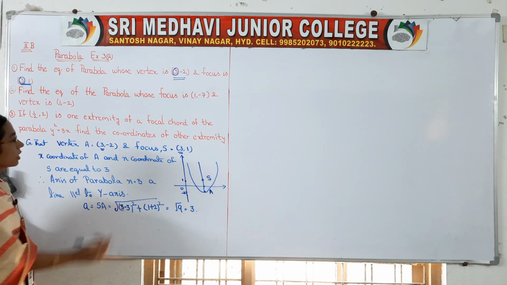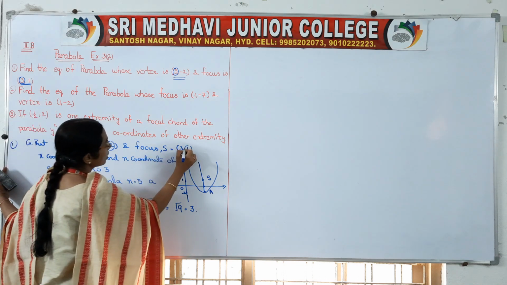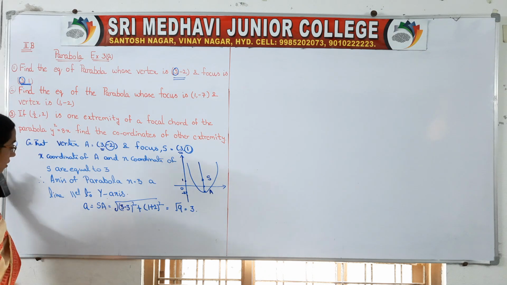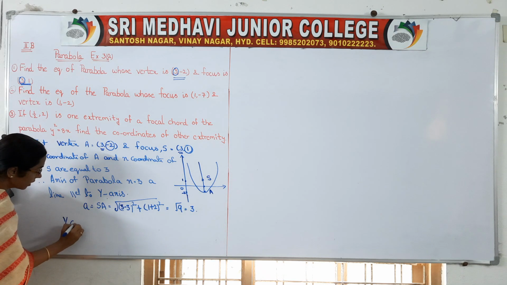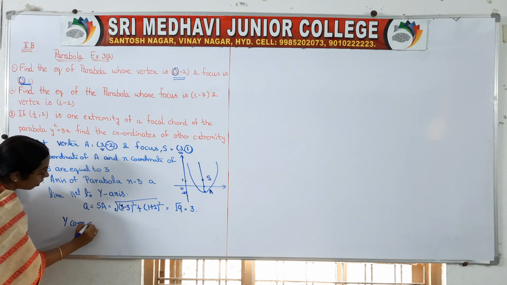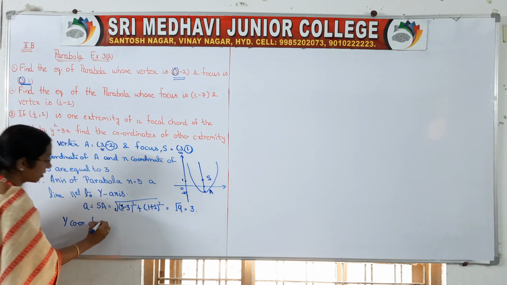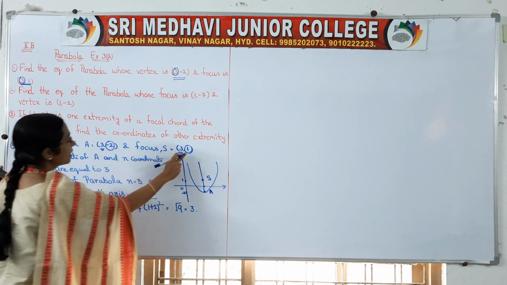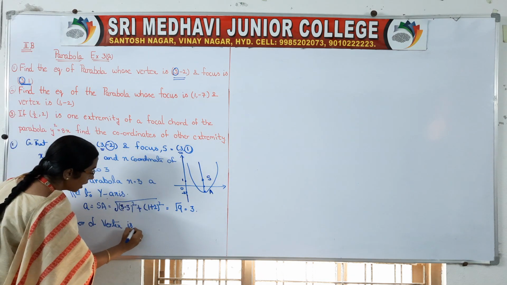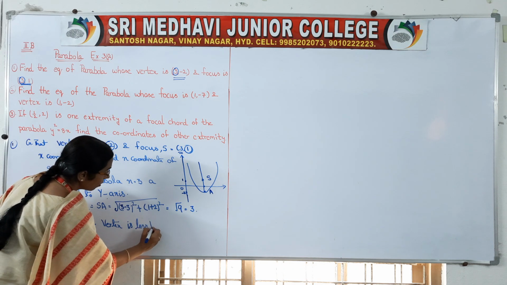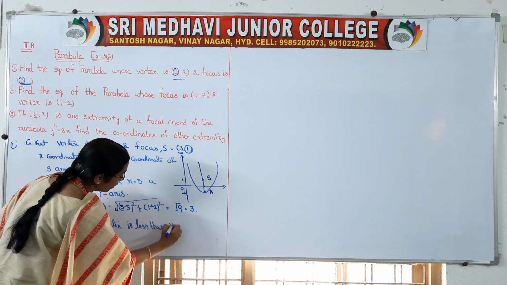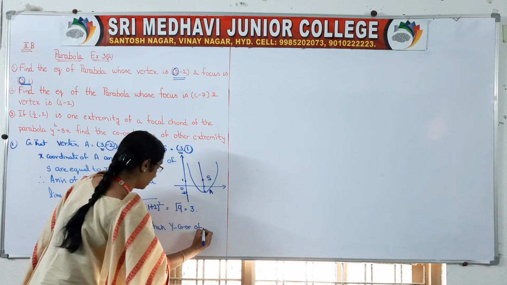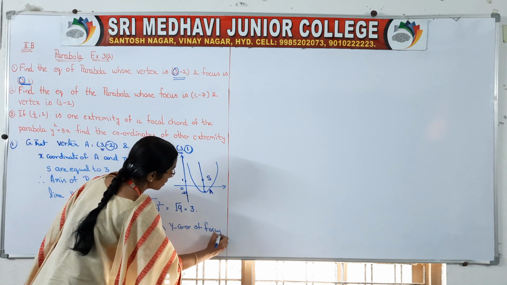Now you observe the y coordinates, right? The y coordinate of vertex and focus. So the y coordinate of vertex, what is it? -2 is less than the y coordinate of focus, right?